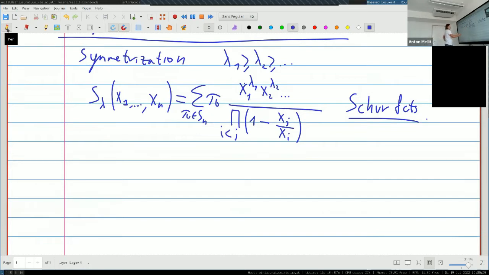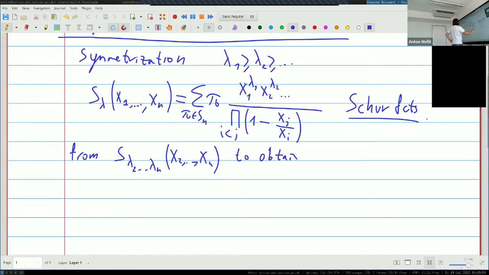So, for instance, suppose I already have the expression for lambda 2 through lambda n.